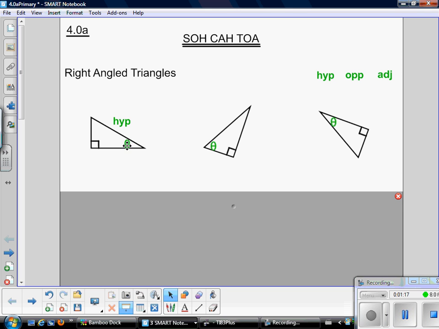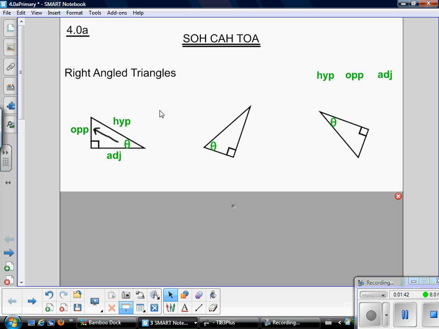So directly across from your angle that you are given or that you want to find is your opposite side. So in this case, it's this one. And what you're left with then is the adjacent to the angle. So it's really important to label that first, okay? Because if you get that wrong, it doesn't matter what else you do, everything else is wrong on your question.